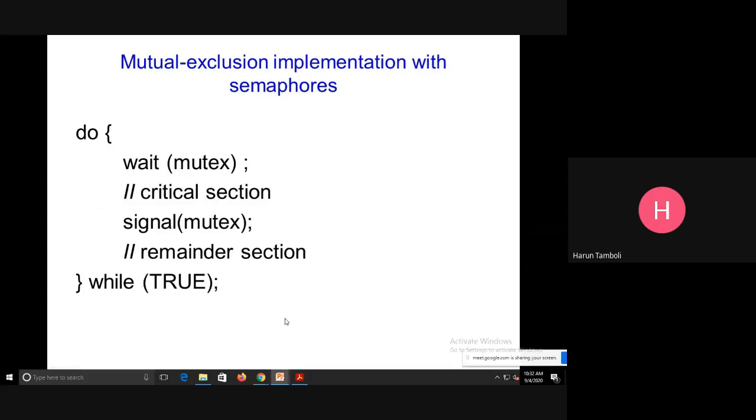So this is the mutual exclusion implementation with the semaphore. In the semaphore, we are using two functions, that is wait and signal. In the wait function, it is performing the decrement operation, that is, the semaphore variable is decremented.